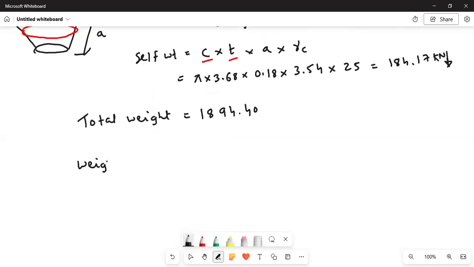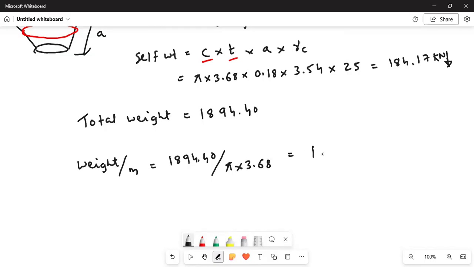But we are interested in weight per meter. Okay. So weight is 1894.40 per meter circumferential distance. Since we are dealing with the hopper bottom, we need to consider the mean diameter to find the circumferential distance. Pi into 3.68.